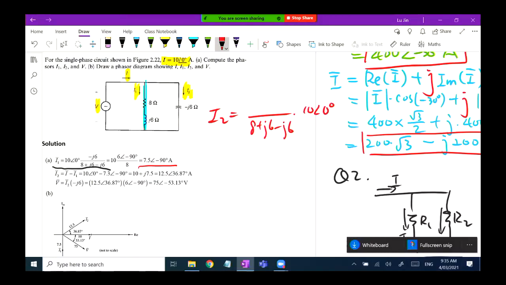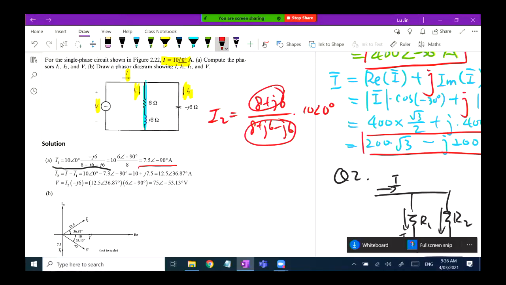On the top, this time, we have to put Z1, but Z1 is pretty complicated, which is 8 plus j6. If you do so, you are facing a problem. You have to calculate the ratio between two complex numbers.